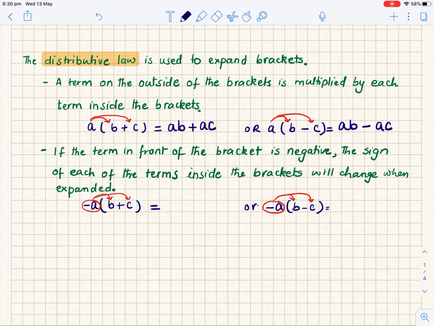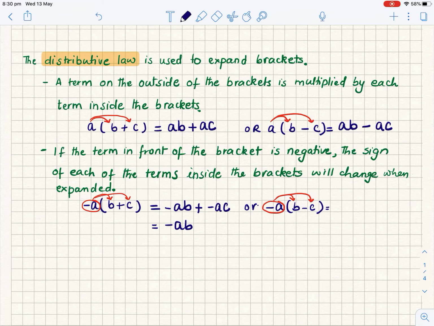If the term in front of the bracket is negative, the sign of each of the terms inside the bracket will change when expanded. I'll show you how. So if negative A is multiplied with B, you get negative AB. Then take the plus sign from the bracket. Then negative A times C gives you negative AC. But plus and negative sign together gives you a minus sign.